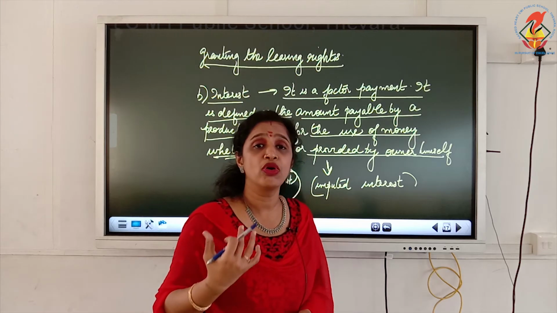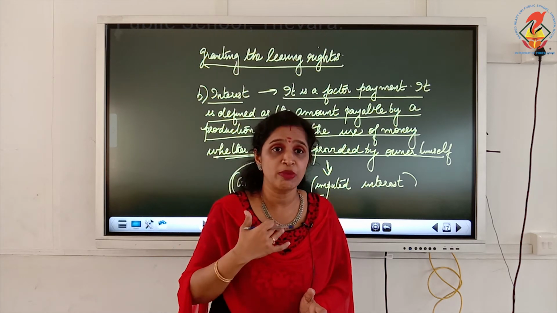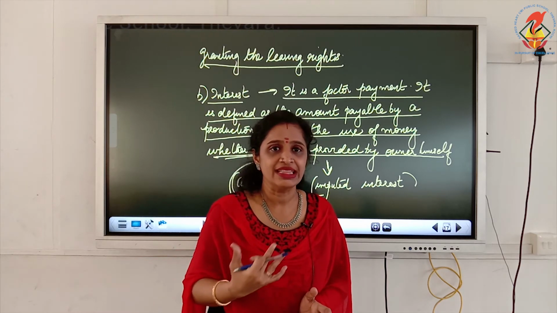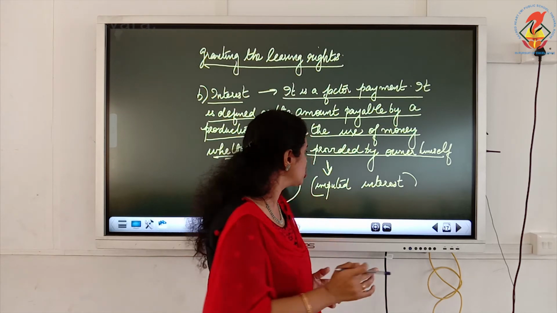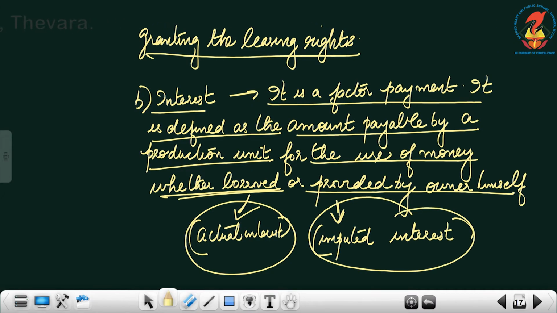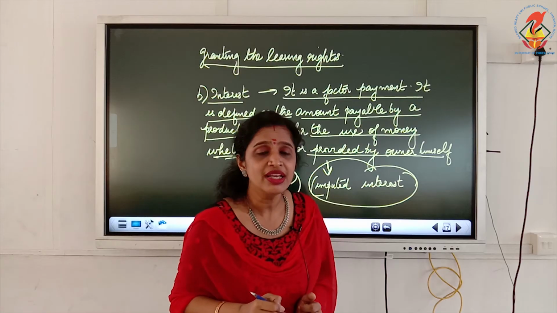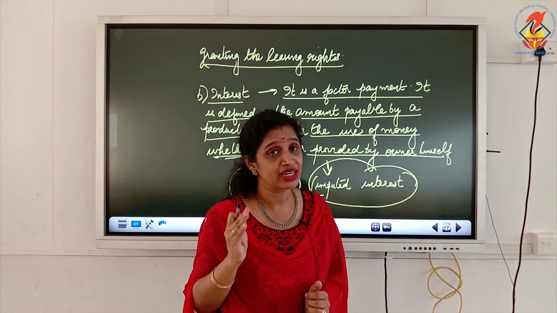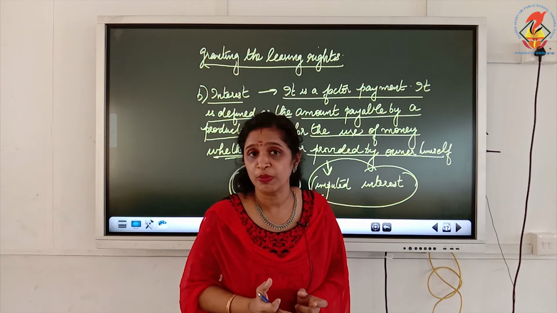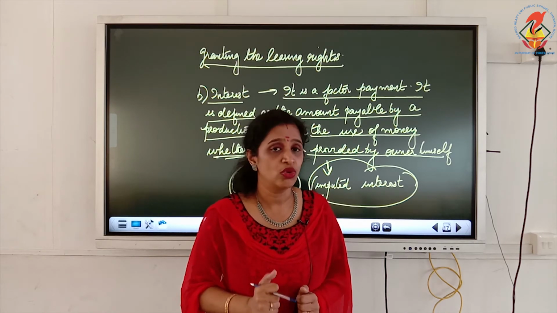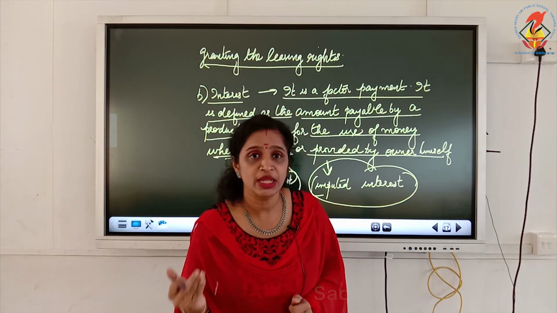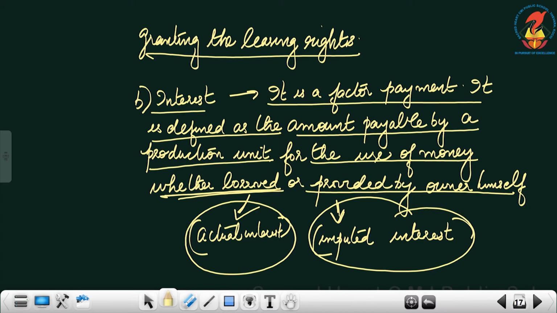Sometimes certain amount of money we have to sacrifice from our side for paying the interest. That is known as imputed interest. So, actual interest and imputed interest both come under the rate of interest. So, interest is the second component of operating surplus. It is an amount payable for the money borrowed. It consists of actual interest and imputed interest.